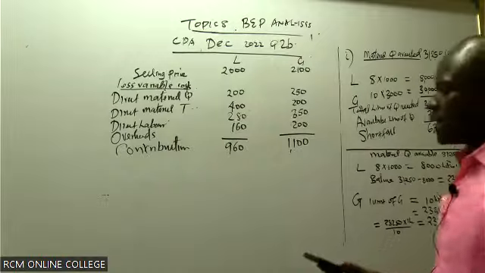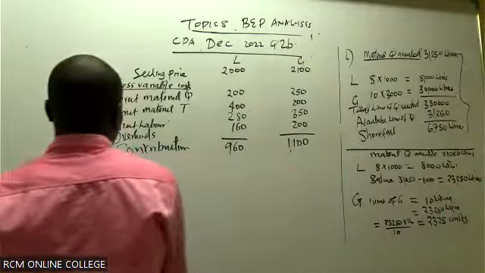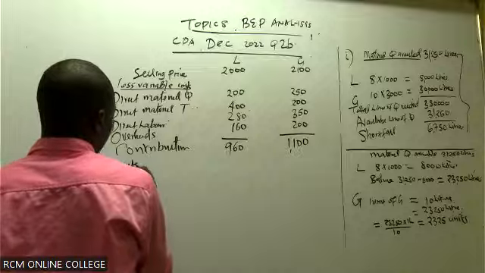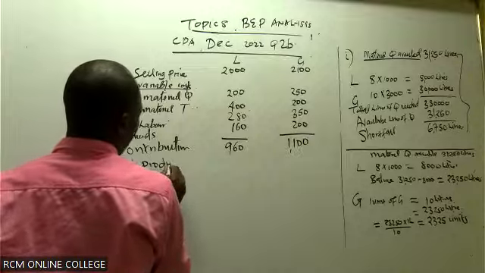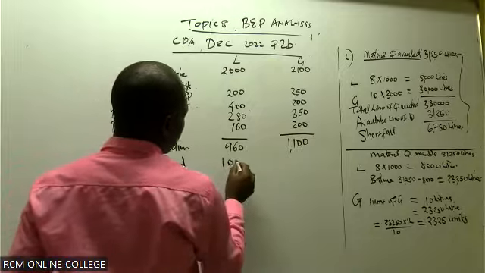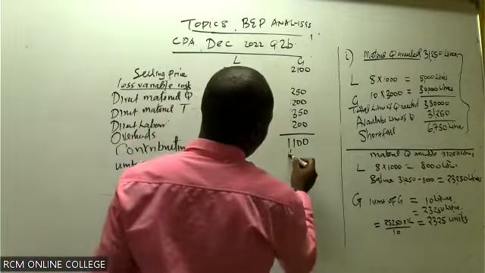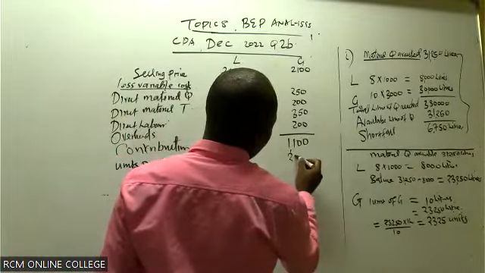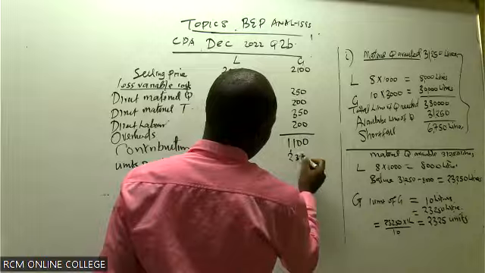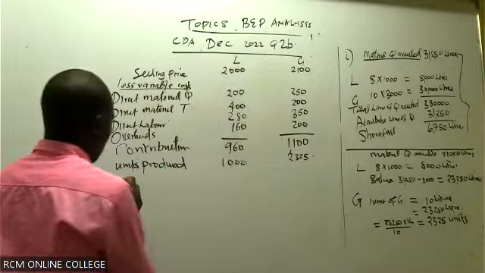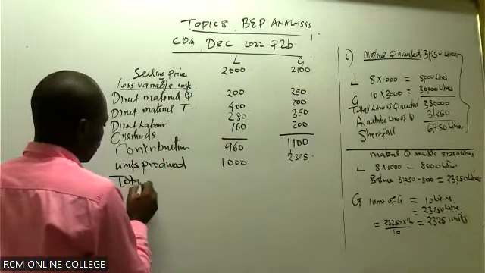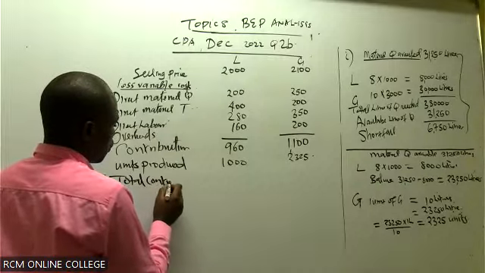So having done that, let me bring now the units produced. They managed to produce 1,000. They managed to produce the limited units of G. Total contribution.